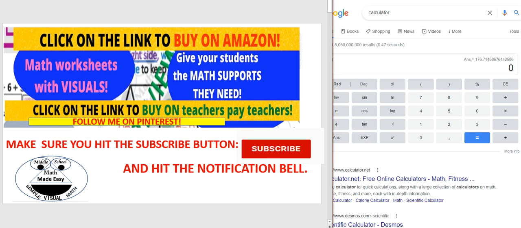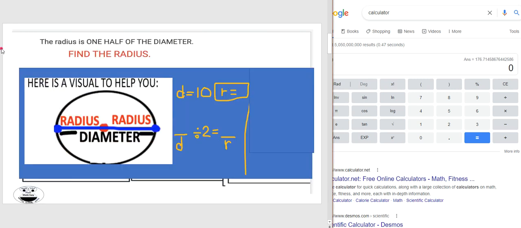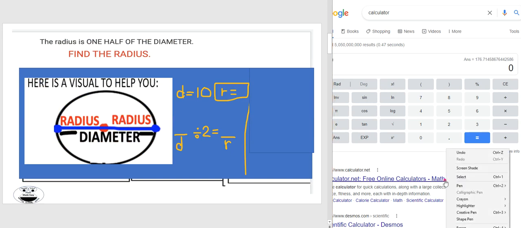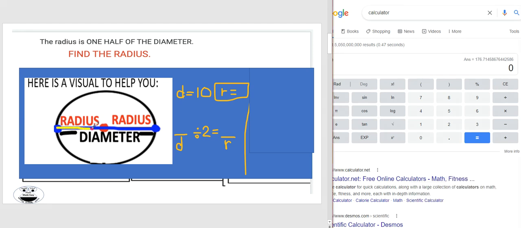So let's jump right in. And here we have a visual where we see the relationship between the diameter and the radius. So the diameter is the entire line across. I'm going to show you here in yellow. This entire yellow line is the diameter. And the radius is half the diameter. So I'm going to draw it in yellow.